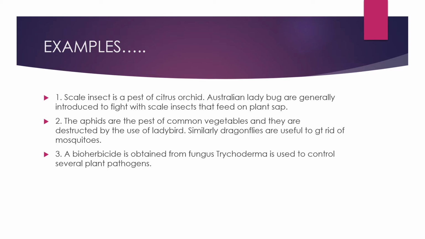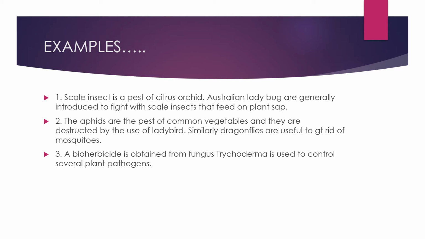Then the aphids. Aphids are a pest of common vegetables, and you will get this word in the chapter. These aphids are destroyed by the use of ladybirds. Similarly, dragonflies are useful to get rid of mosquitoes.